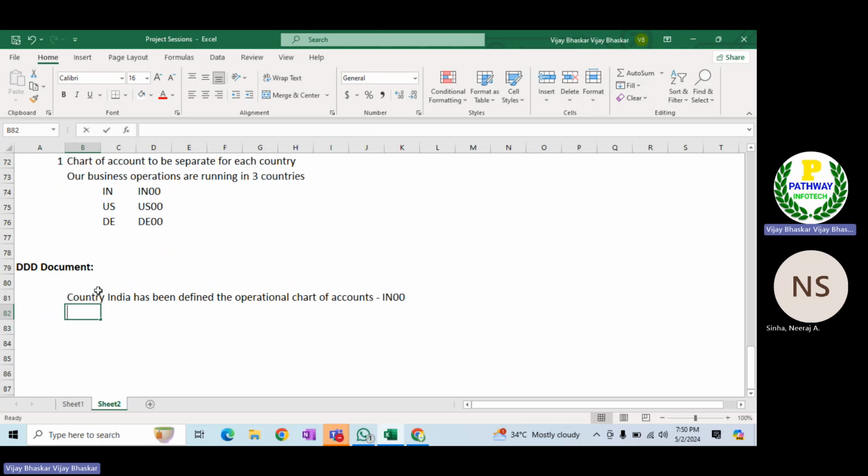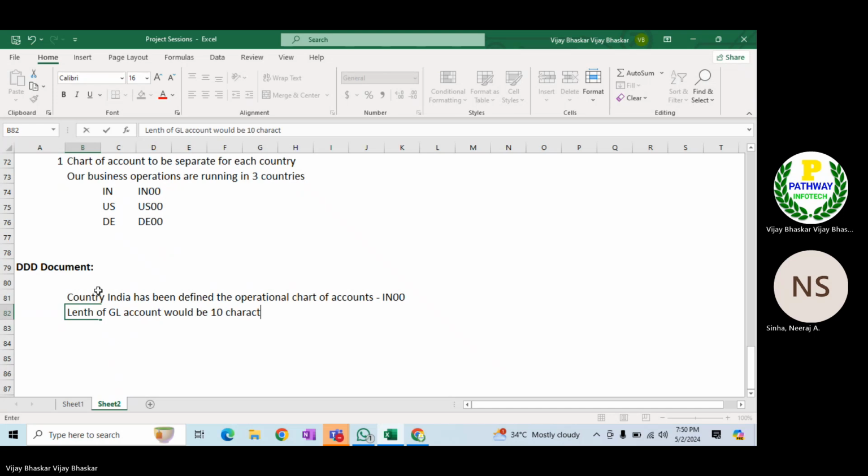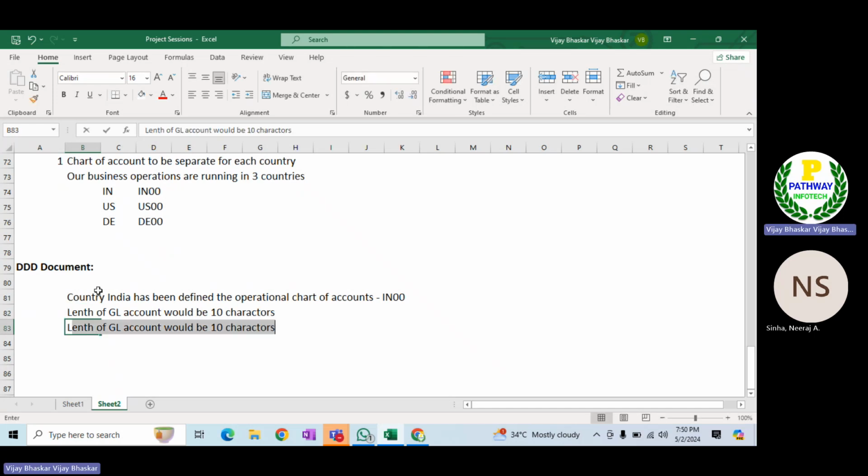Then the length of the GL account would be, let's say, 10 characters, whatever it may be. Then the language is EN. The language should be English.